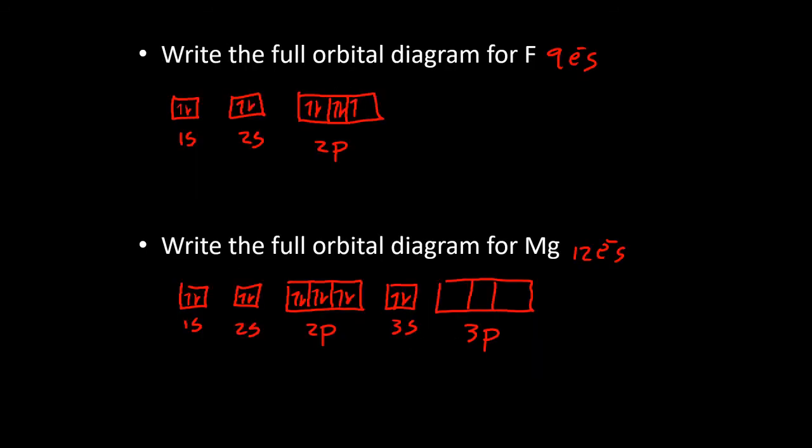So for example, back here in fluorine, the highest principal number that we got to was 2. We had stuff in the 2s and the 2p. So both of those are in the second principal shell. All of these 2s and 2p are valence electrons.